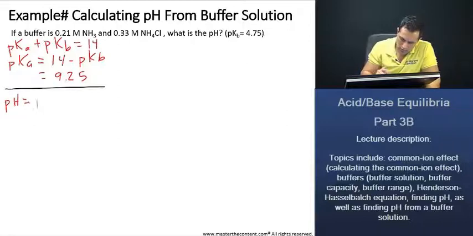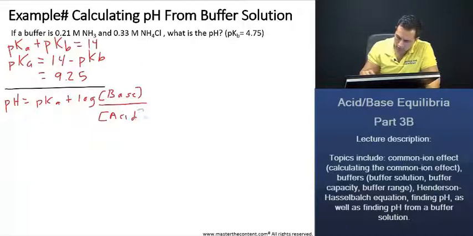Now we can go ahead and call upon the Henderson-Hasselbalch equation, right? Where we said pH equals pKa plus log of our ratio here of base concentration and our acid concentration. And once we fill in the numbers, that's going to be 9.25 plus, and what is our base here?